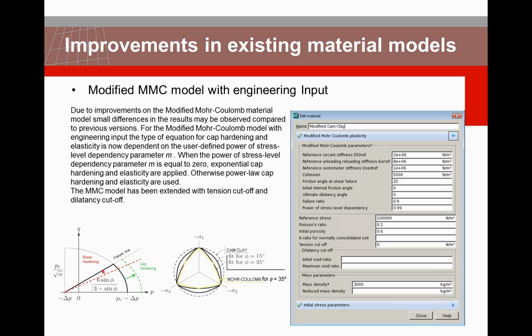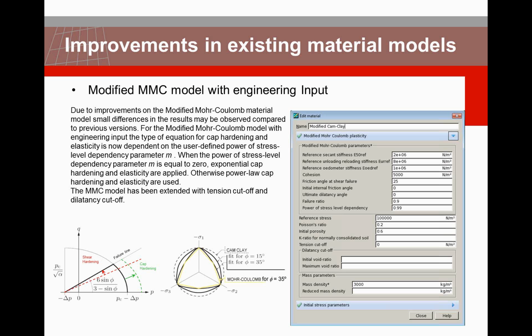And this gives more robust behavior and also allows the applicability of the modified Mohr-Coulomb model, for example, to slope type of structures where the sideward support to the soil is absent.